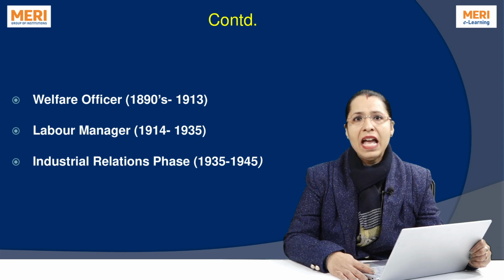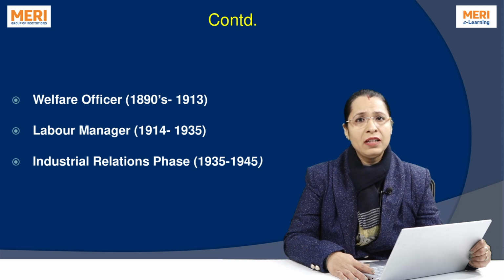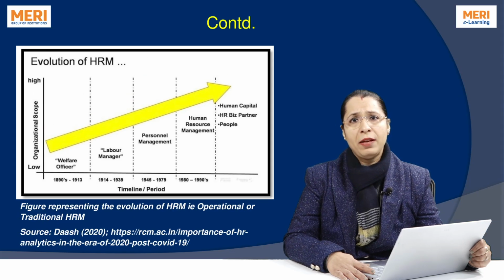As a result, HR became a more prominent function, but its focus shifted. HR's primary role was now managing union relations and industrial disputes, with personnel activity viewed more as administrative and maintenance tasks. Now, the figure represents the evolution of HRM in three phases, starting with operational or traditional HRM.